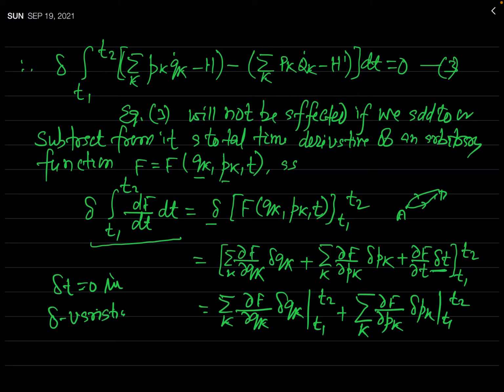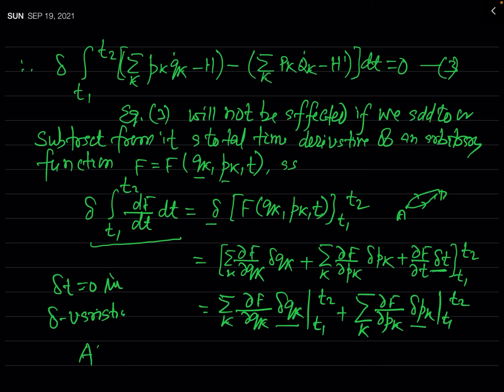But as you have studied in the calculus of variation, at the end points, that is at time t1 and time t2, delta qk and delta pk also vanish in this delta variation.